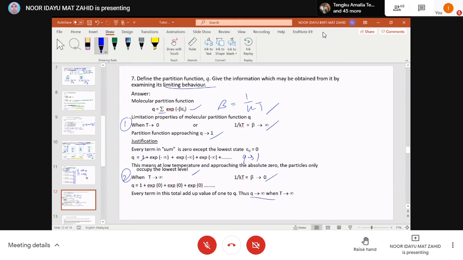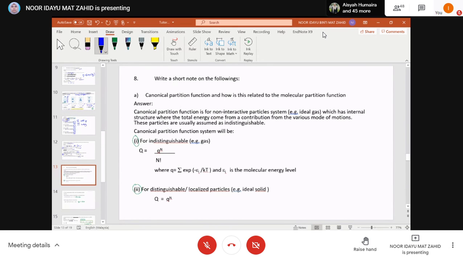You will see that Q will approach infinity, a large number, as temperature approaches infinity, which makes sense. The higher the temperature, the particles have enough energy to occupy or reside in the higher energy levels. So these are the limiting behaviors of Q.